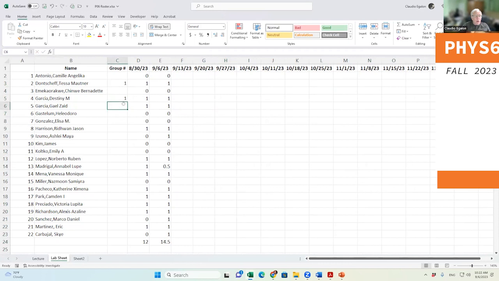Okay. And let's see, Gael Garcia. Is he here? Do you know anybody here in the classroom that you would like to be in your group? No, you don't know. Okay. So let's do the following. Let's put you in group number 1. Okay. So you team up with Destiny and Tessa. And Eleodoro is not here. We have only 13 students now.